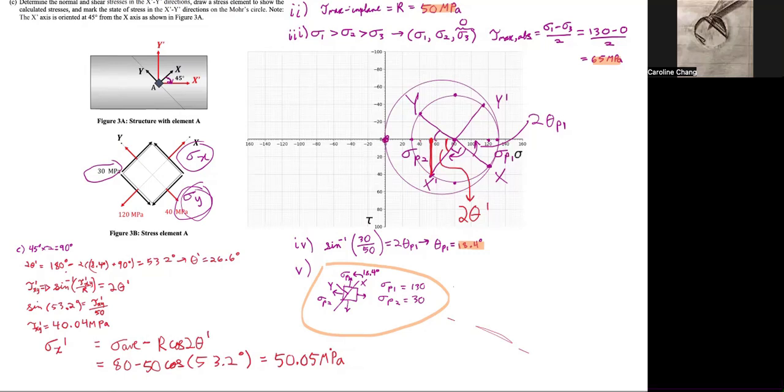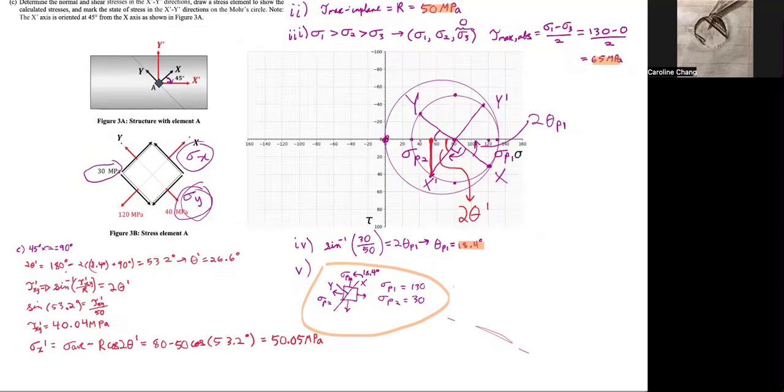And now it's time to draw a graph of our stress element. So we're rotating the actual element by 45 degrees so that the element ends up being very straight. So the element will be oriented straight, and we're going to draw the element over here. And the sigma x prime is going to be positive because it's right of the zero.